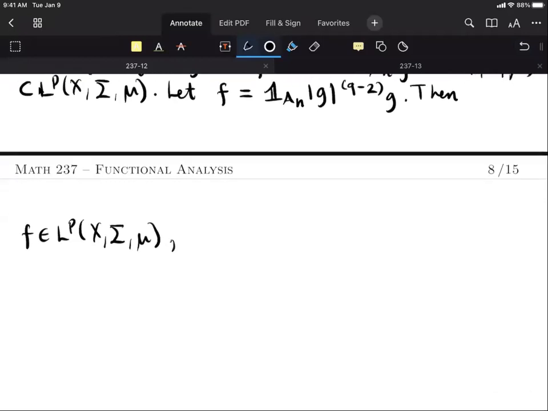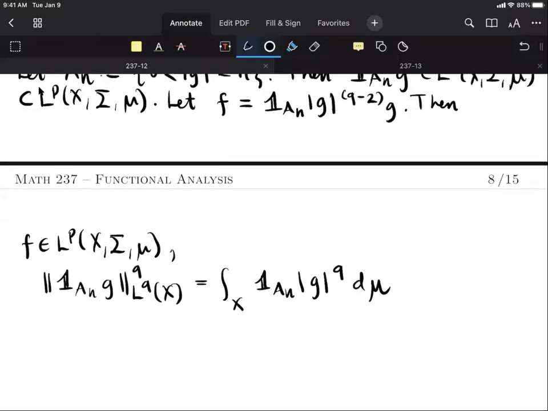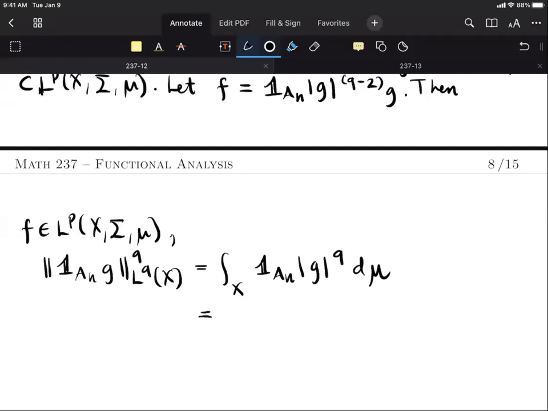What else? If I compute the LQ norm of this function raised to Q, by the definition of the LQ norm, you have this, and this is the same, as you can prove as before, as the integral of F times G d mu.